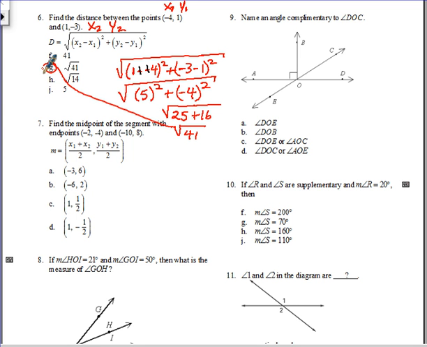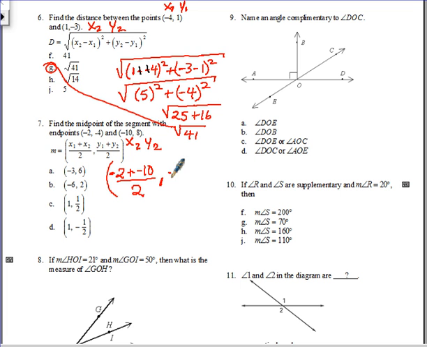Number 7. Again, we have our x1, y1 here. We have our x2, y2 here. So I'm going to put x2 and I'm going to put y2 here. You could put x1, y1 there. And we're going to add our two x's and our two y's. So I have x1 plus x2, so I have negative 2 plus negative 10 divided by 2, and then I have comma.